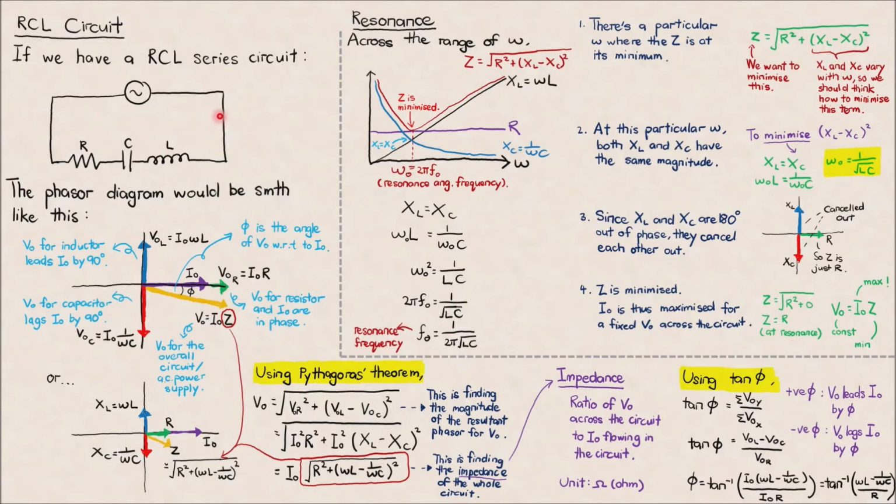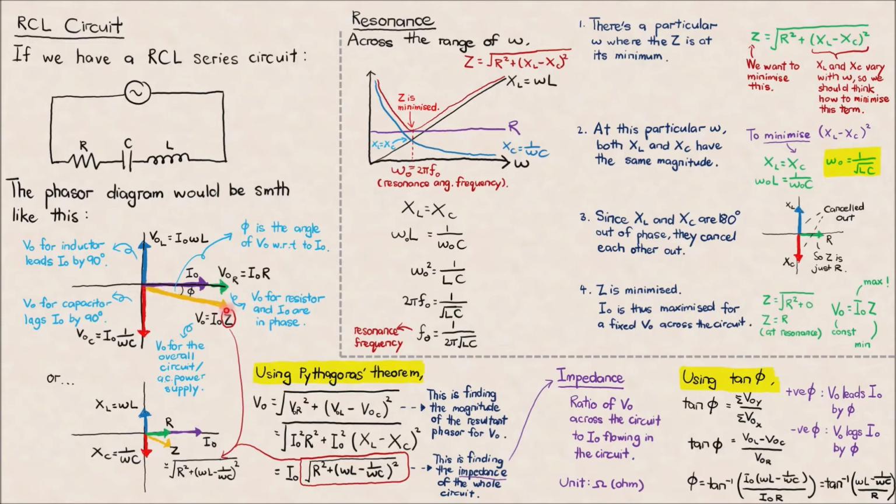So the overall voltage, based on the phasor diagram, is just a vector sum of the three voltages here. You're basically adding up the blue vector, the red vector, and the green vector together, and that will give you the resultant vector, which is the peak voltage of the overall AC circuit. In this case, I draw my peak voltage for the overall circuit over here, in the 4th quadrant.